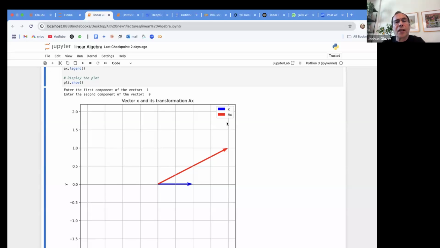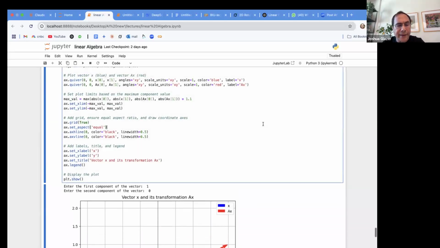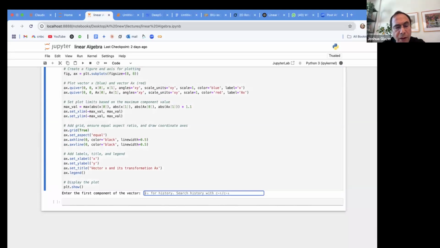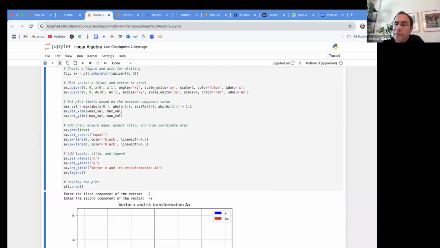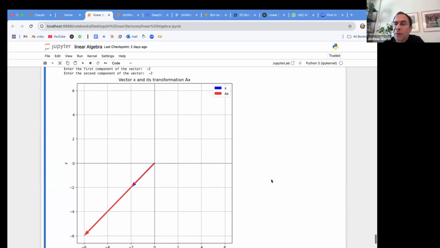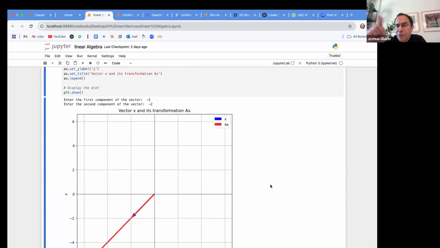Maybe with your permission, I will end with one more example and ask you, what will happen if I go with -2 and -2? I am reminding you that 1, 1 was an eigenvector. Now, -2, -2 is simply -2 times 1, 1.